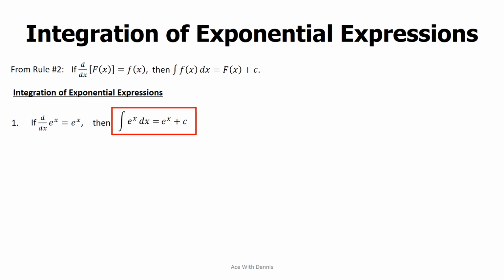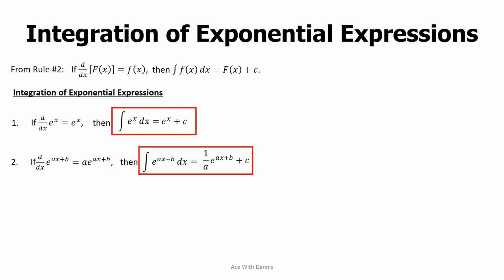Please remember this equation. Number 2. If d over dx e to the power of ax plus b equals a e to the power of ax plus b, then can you tell what is the integration of e to the power of ax plus b dx? Yes, the answer is 1 over a e to the power of ax plus b plus c.